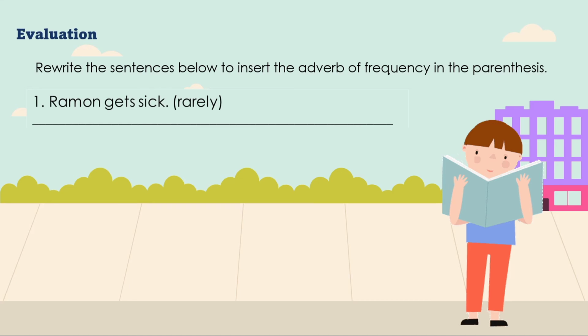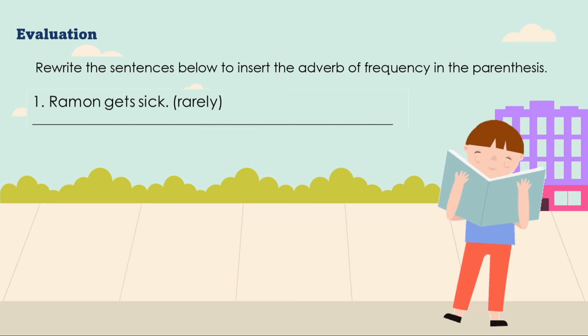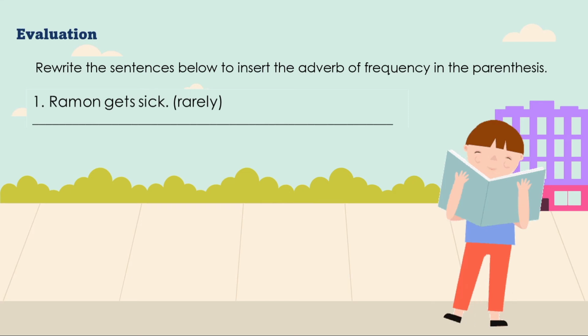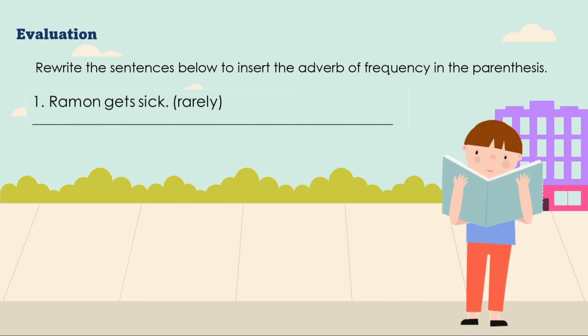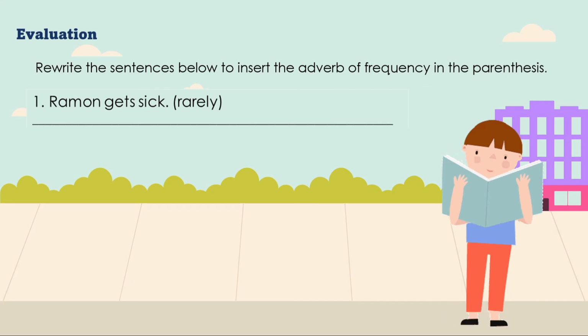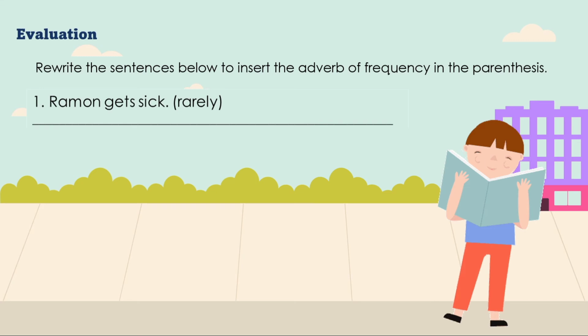So in our discussion, the adverb of frequency should come before the verb. So in this sentence, Ramon gets sick. So you're going to insert the adverb of frequency before the verb. So let us have again the sentence. Ramon gets sick.